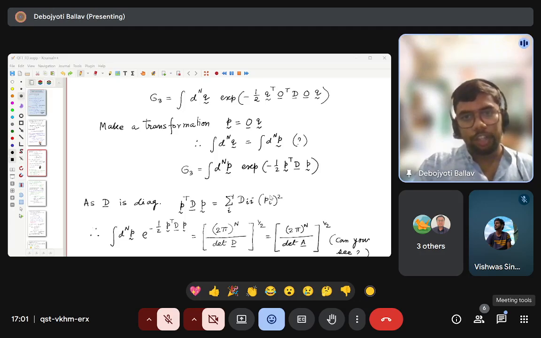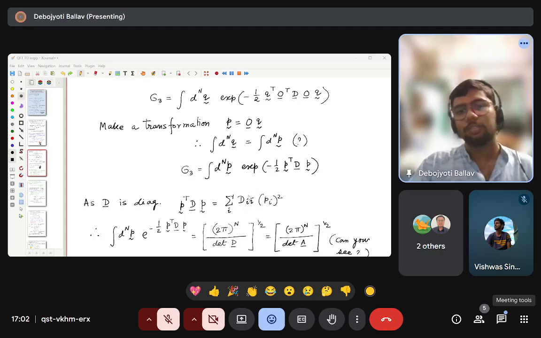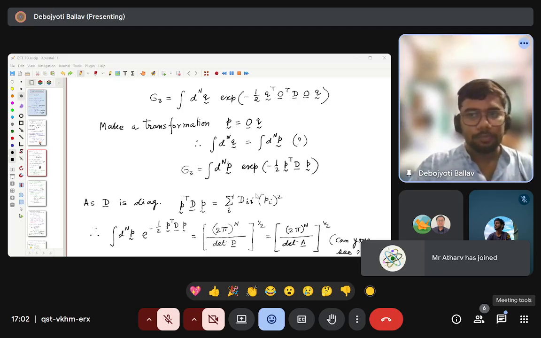You break the summation and write it as a multiplication, a product of exponentials, and each exponential term is a Gaussian integral.